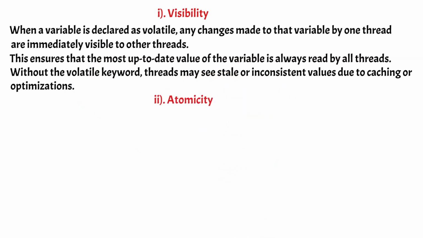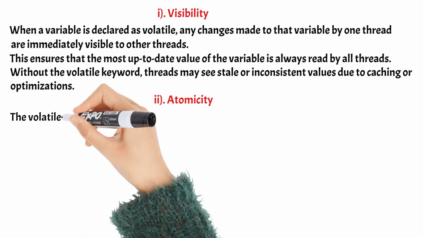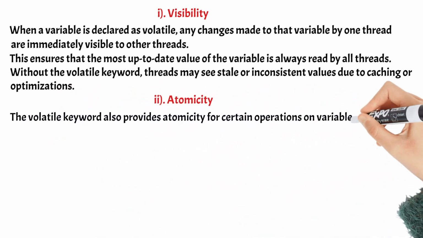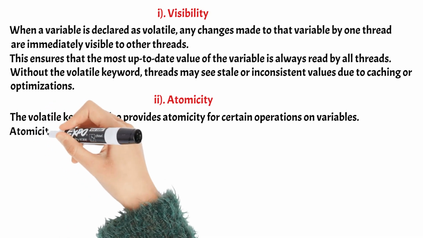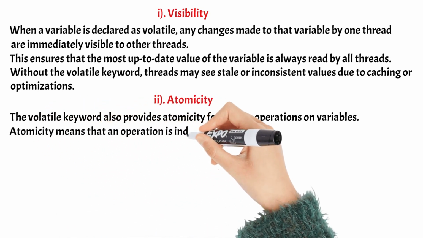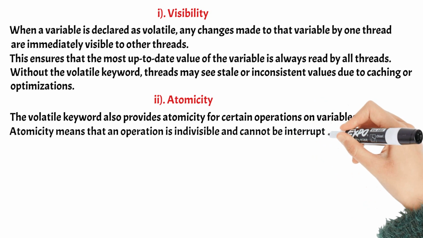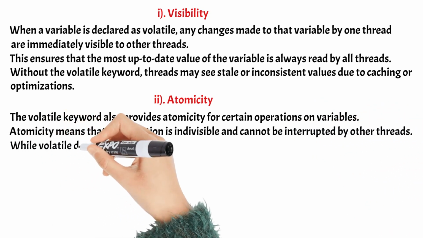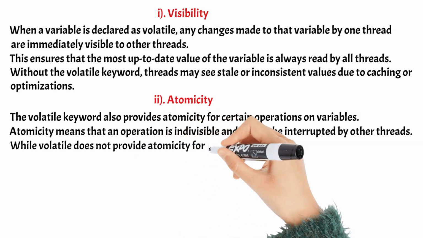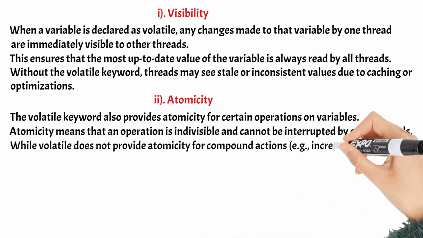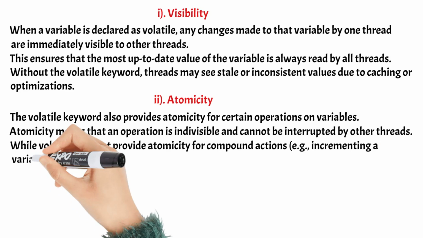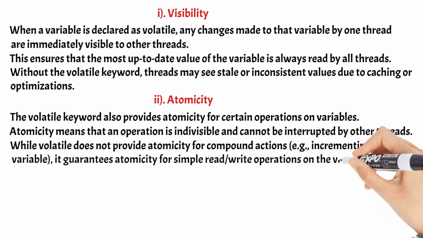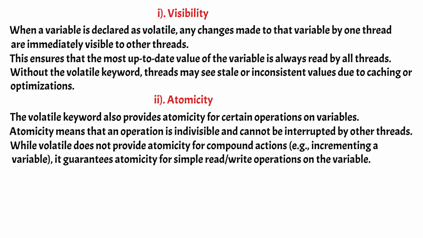2. Atomicity. The volatile keyword also provides atomicity for certain operations on variables. Atomicity means that an operation is indivisible and cannot be interrupted by other threads. While volatile does not provide atomicity for compound actions, e.g., incrementing a variable, it guarantees atomicity for simple read/write operations on the variable.